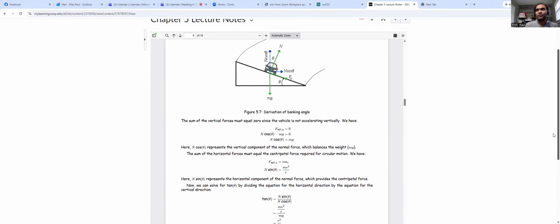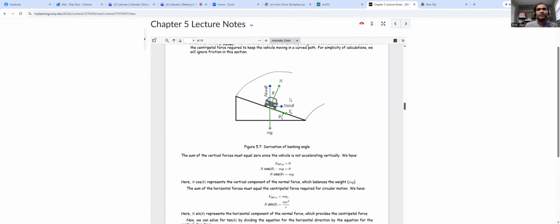So here we have these components. The normal force has two components, and gravity is downward, which is balanced by n cosine theta. Mg is balanced by n cosine theta because there is no other force acting in the vertical direction.